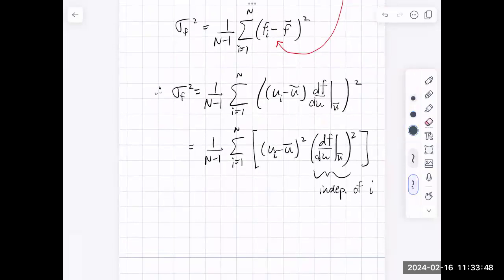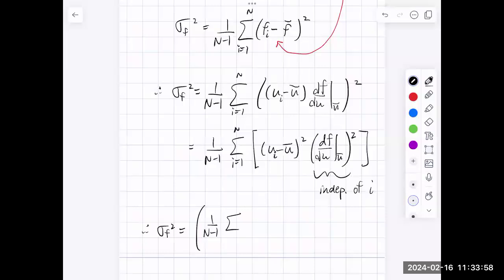So therefore, sigma f squared is equal to, I'm going to put some brackets here, 1 over n minus 1, the sum of i equals 1 to n, Ui minus U bar squared. And then I'll close the bracket. And then we just have to multiply by df du at U bar squared.